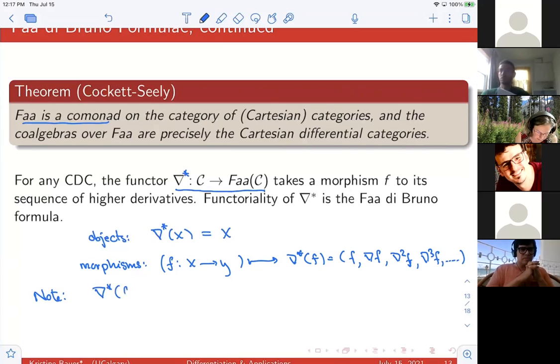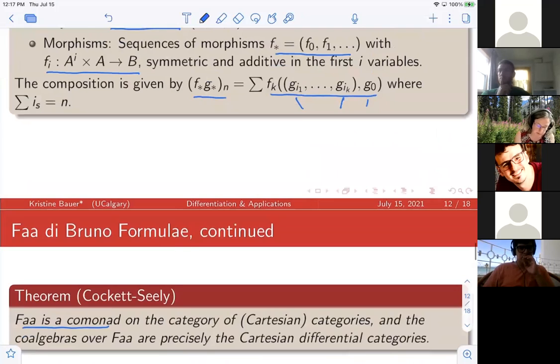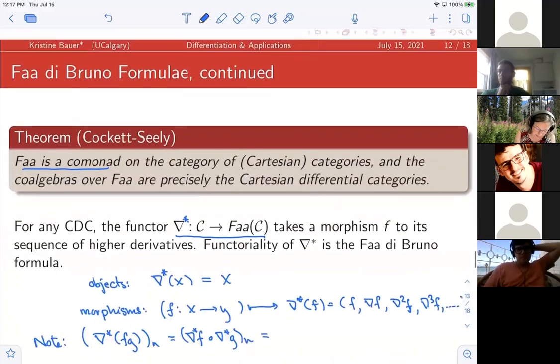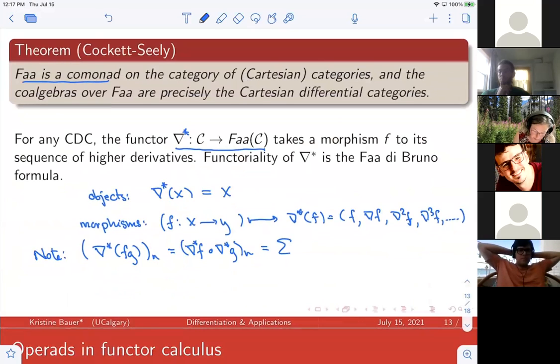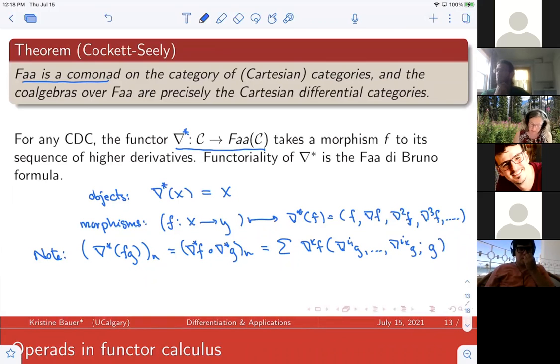Well, if I look at what's happening to a composite in the nth part of the sequence, then this is a functor, so it has to be the case that this is nabla star f composed with nabla star g, but in the way that I showed you that composition was defined on the slide before, that thing has to be the sum over all nabla k f of nabla i1 g through nabla ik g, and then there's always something funny that happens in the zero spot.